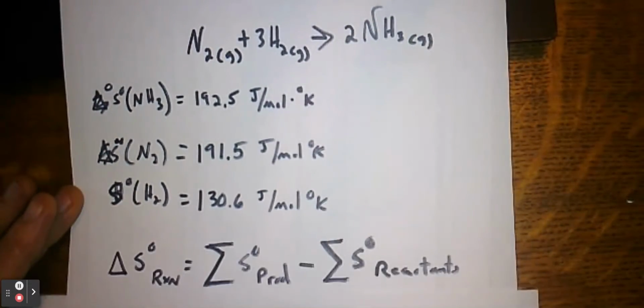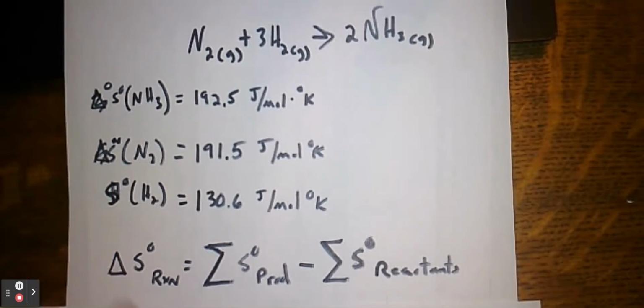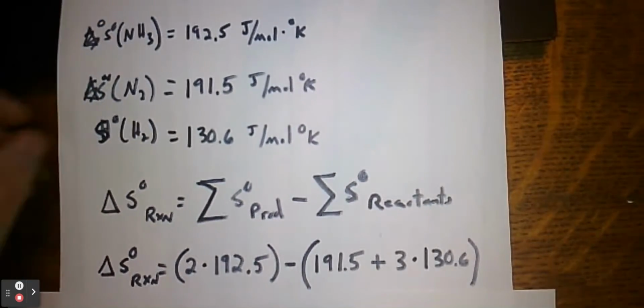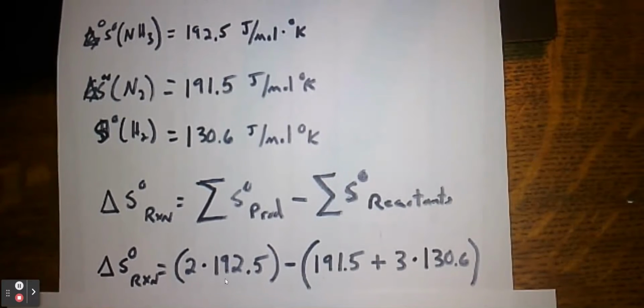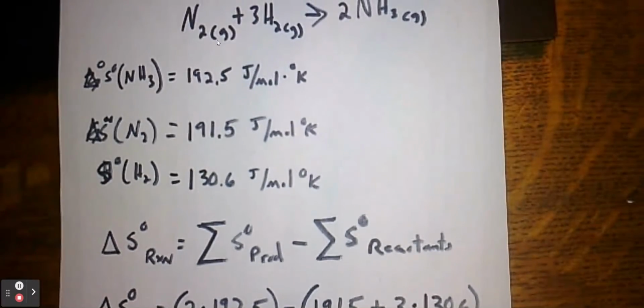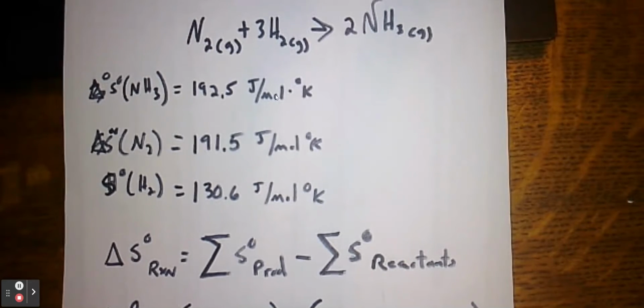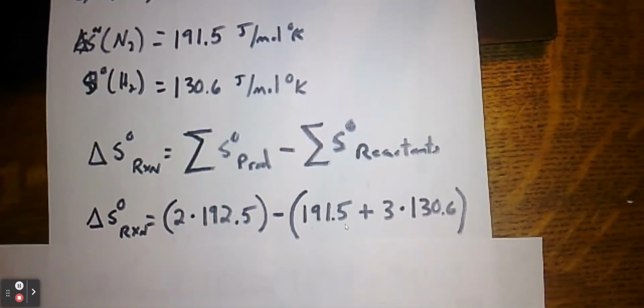The first thing to do is to write the equation. And then I'm going to plug everything in like that, and multiply it by the coefficients. Here's my 2 times 192, that's because I've got 2 in the products. So 2 times this, it's going to be 3 times that and 1 times that. All right? That's what I've got here.